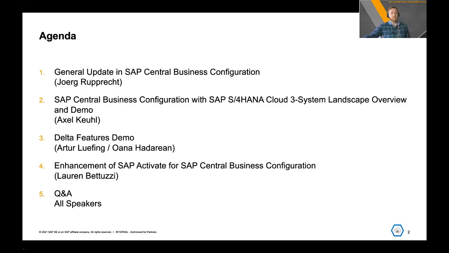Following this, we will receive a demo for Delta features from Arthur Arnoana, and finally an update on the enhancements to SAP Activate for SAP Central Business Configuration from Lauren Bituzzi. In conclusion, we'll be hosting a Q&A, and once again, please do submit your questions via the Q&A function below. So that's an overview of what we've got in store for you. Let's get it kicked off, and I'll hand over now to Jörg.